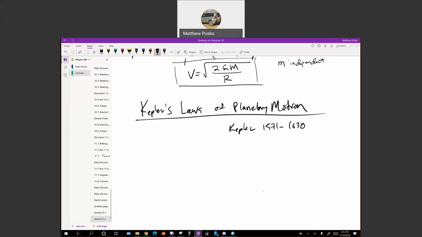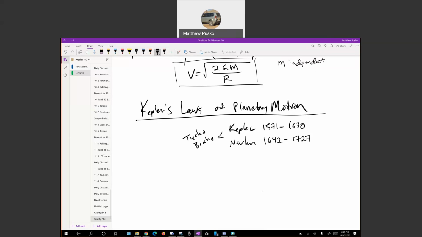Newton was 1642 to 1727. And in between here, Tycho Brahe, I can't remember how to pronounce it. He took this information that Kepler had figured out and made these three laws, later to bear Kepler's name, Kepler's laws.